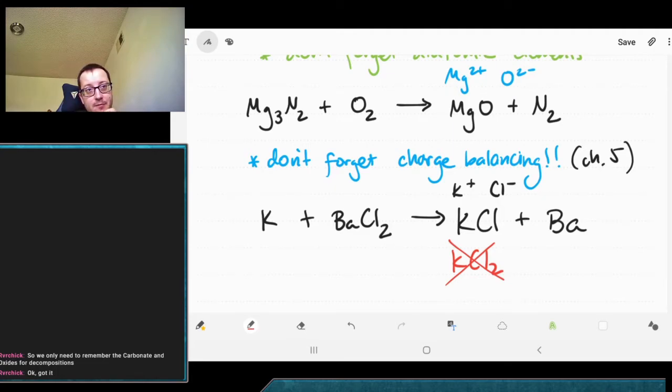None of that. You always have to charge balance your products properly, or else you're going to get some weird answer, some compounds that don't exist. So this is why these reactions are a little bit more complex, because we have to remember the products are not so obvious to us. We have to charge balance them.